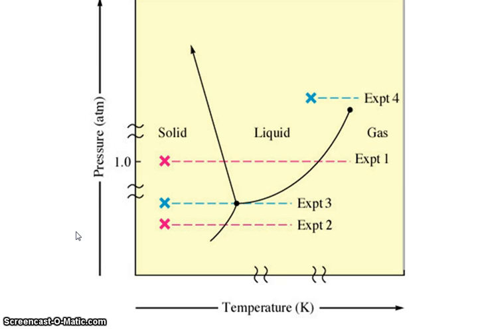And the critical temperature is defined as the temperature above which vapor cannot be liquefied no matter what pressure is applied. We've got what's called our critical pressure. Our critical pressure is the pressure required to produce liquefaction at our critical temperature.